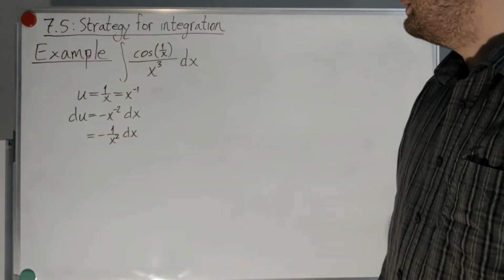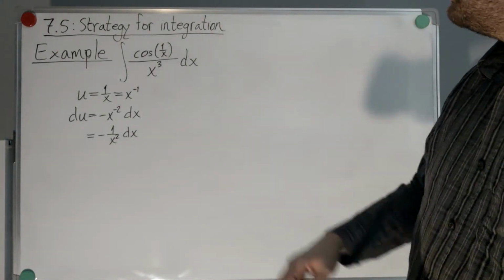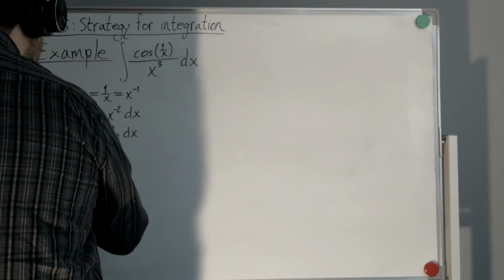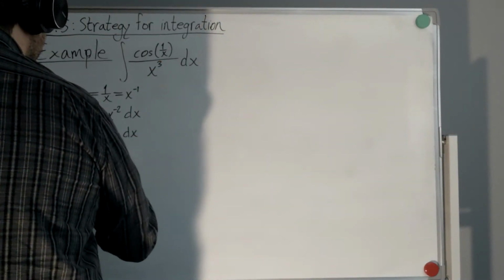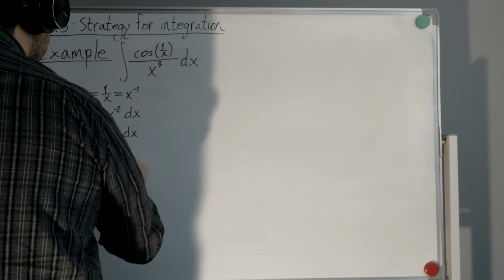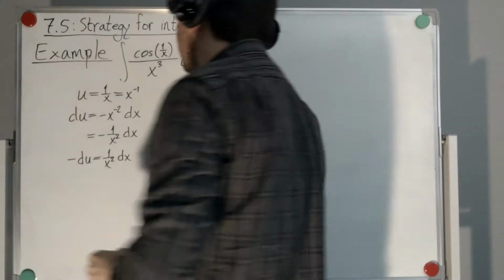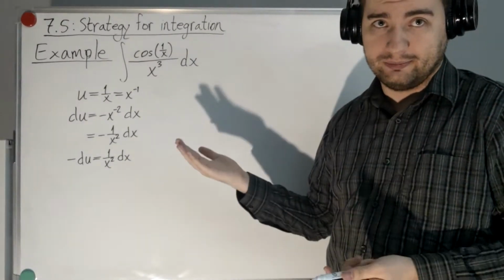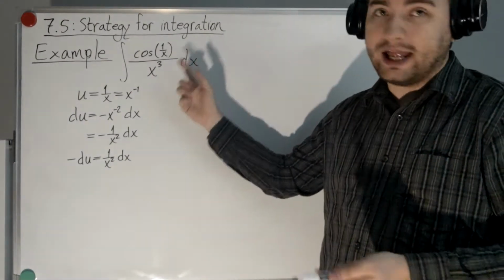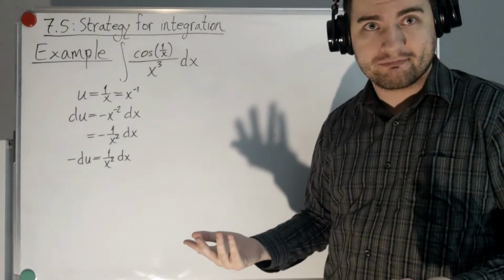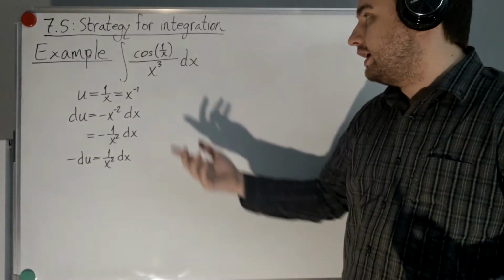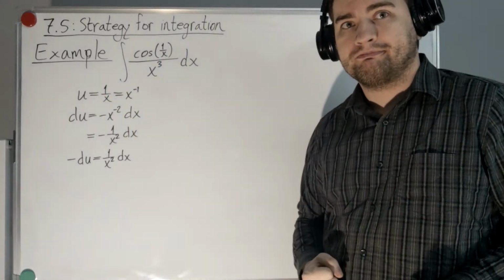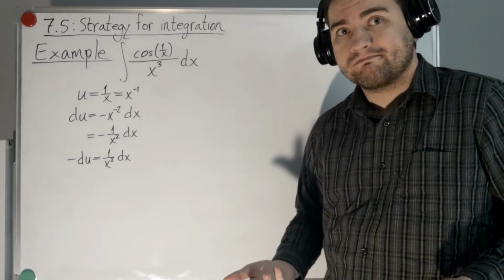Well, one way to do it is to say, all right, well, we've got negative du equals 1 over x squared dx. And that handles two factors of x on the bottom. The other factor of x can be understood as u, because u is 1 over x.